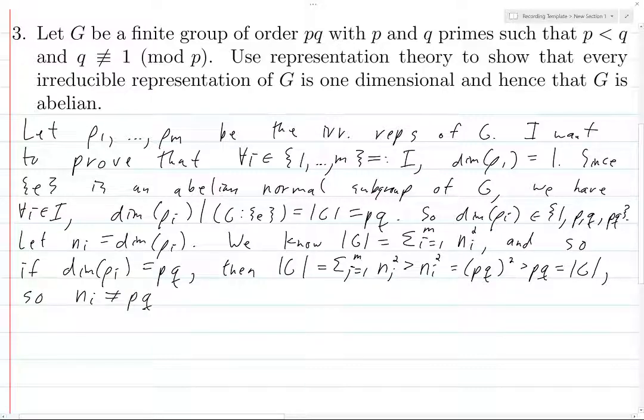Why did I introduce Ni and then just write dimension of rho i? Whatever. So this cannot happen.